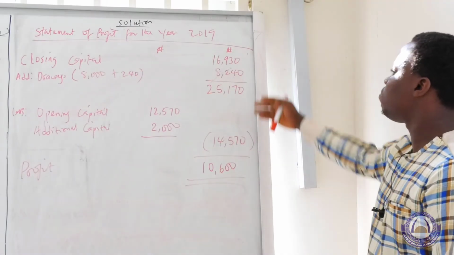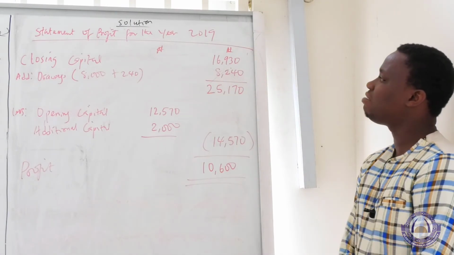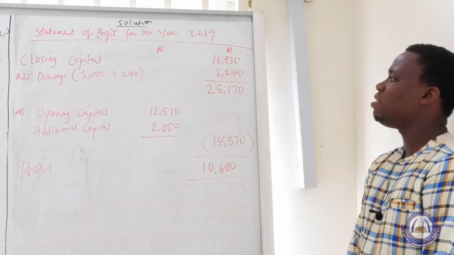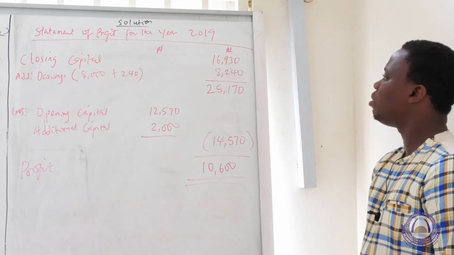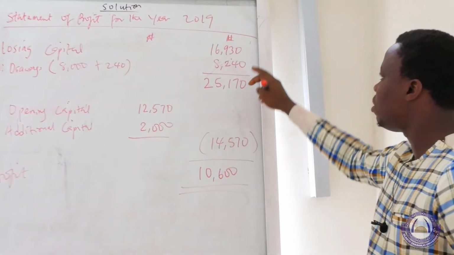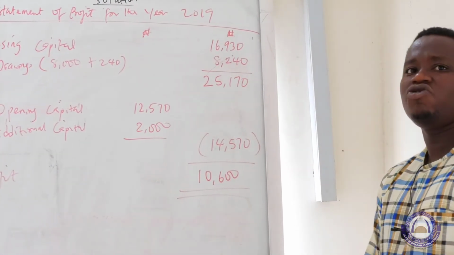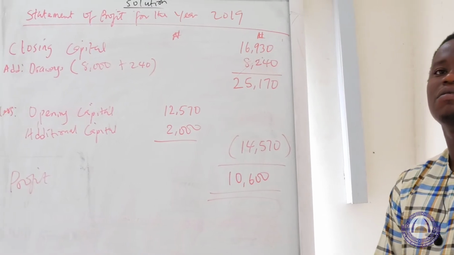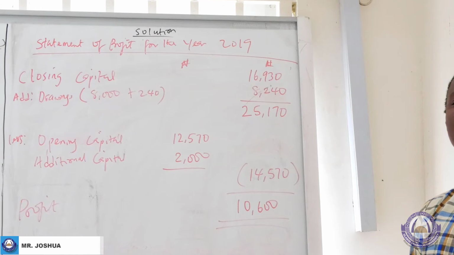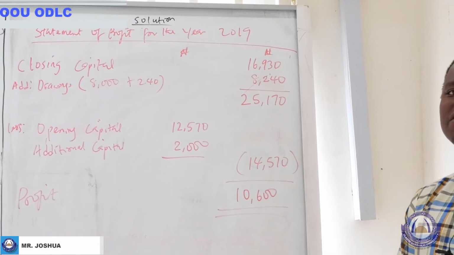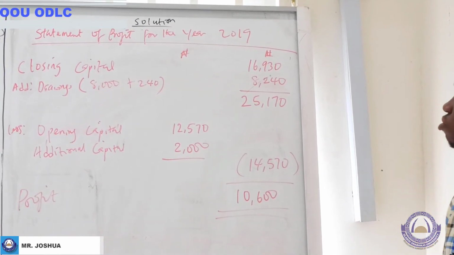All right, now the next thing is for us to ascertain our profit, having been able to derive all the variables that we need. The profit is usually the closing capital plus drawings minus opening capital, then minus any additional capital introduced.